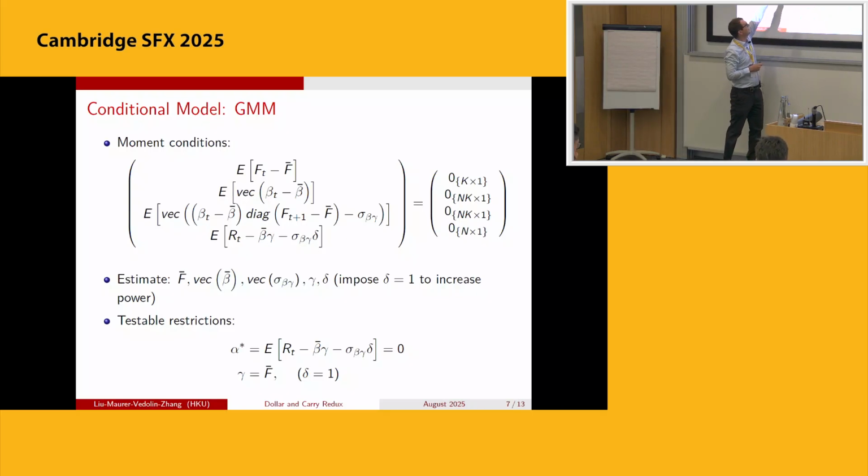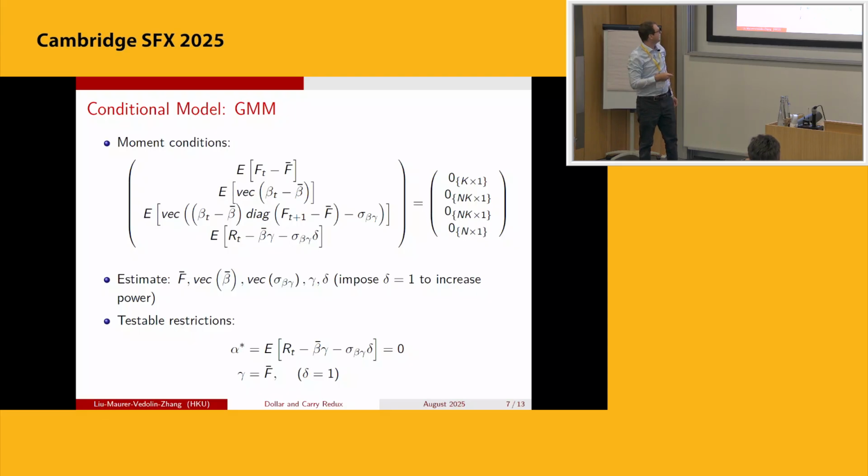Here you regress average returns of your test assets, the cross-section, on the average factor loadings, beta bar. And then you can either regress it on this covariance between beta and gamma and treat delta as a free parameter, or you can just impose that delta is equal to 1. Actually, if you let delta be free, there are some power issues with this estimation. So for the most important parts of our paper, we just set delta equal to 1, and then you get a lot more power.